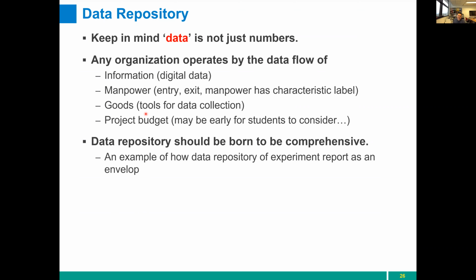So along with that, you can link with another data set talking about your equipment status. Any organization also has a project budget, which may not be your consideration at the moment. It might be too early, but your supervisor will have a headache on a daily basis about the project budget. So any organization, when they talk about the data flow, does not just say the data is just numbers.